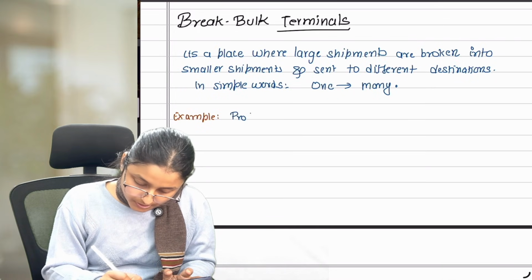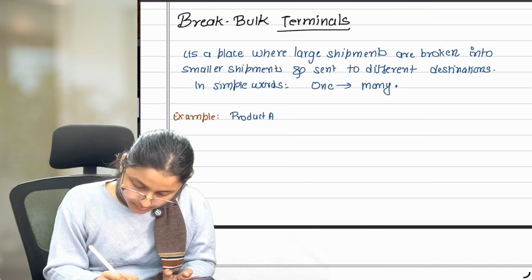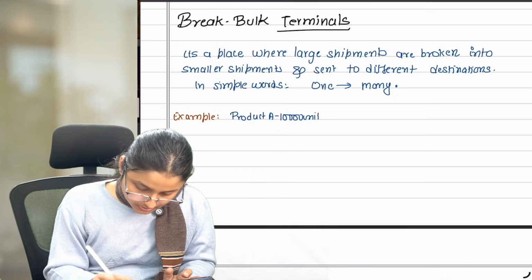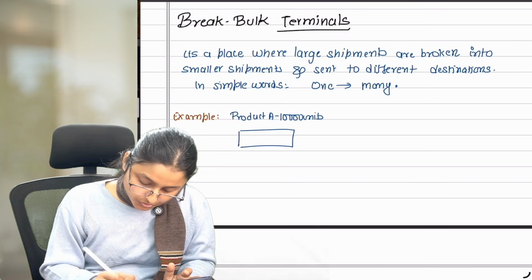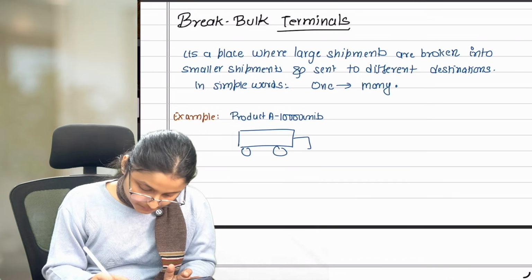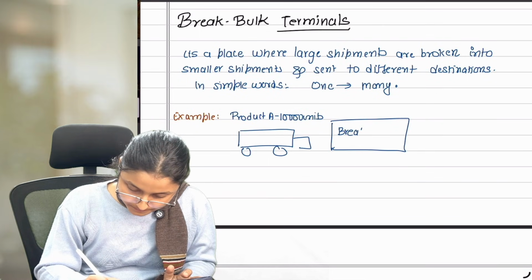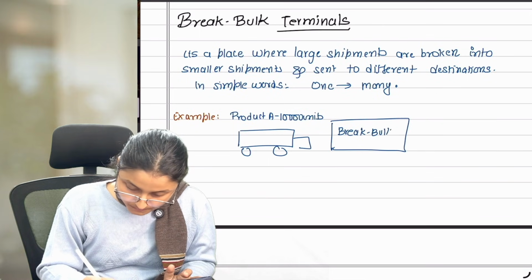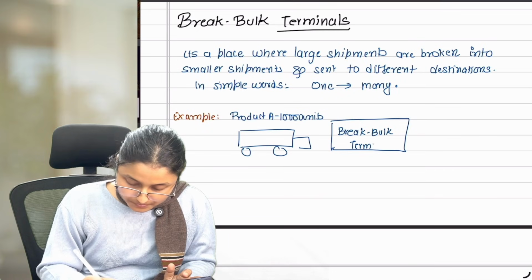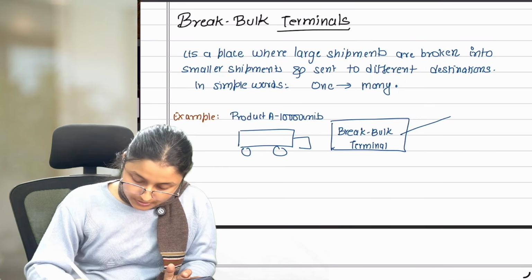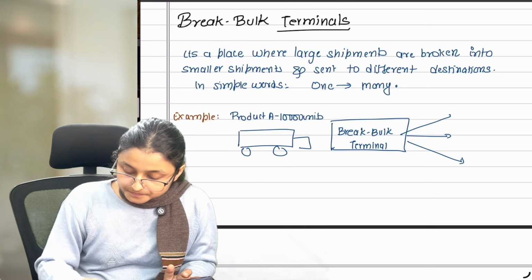Write the example. Like we have product A, 10,000 units. This is transported through this truck to our break bulk terminal. Now, this break bulk terminal will transport it to different places.